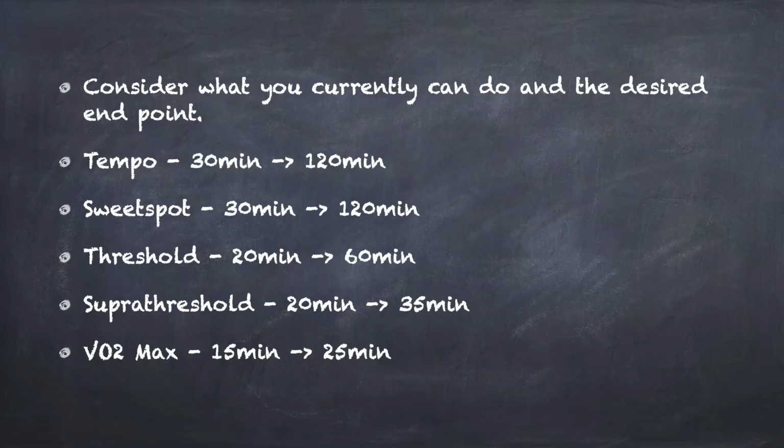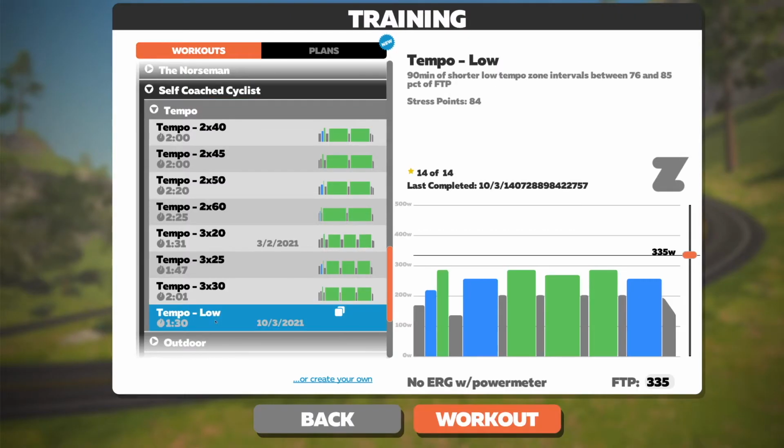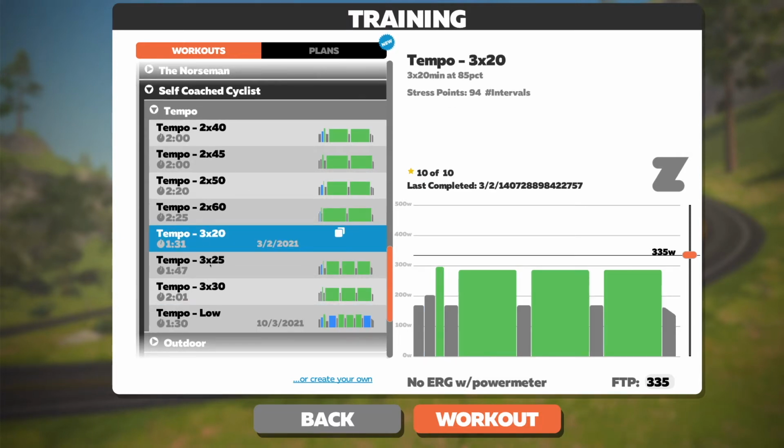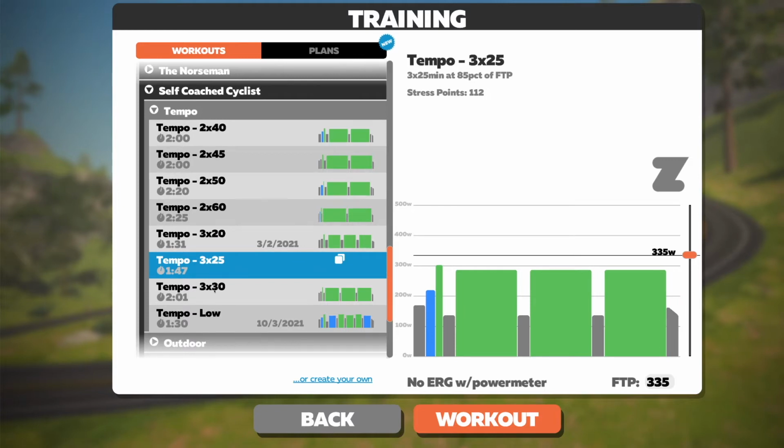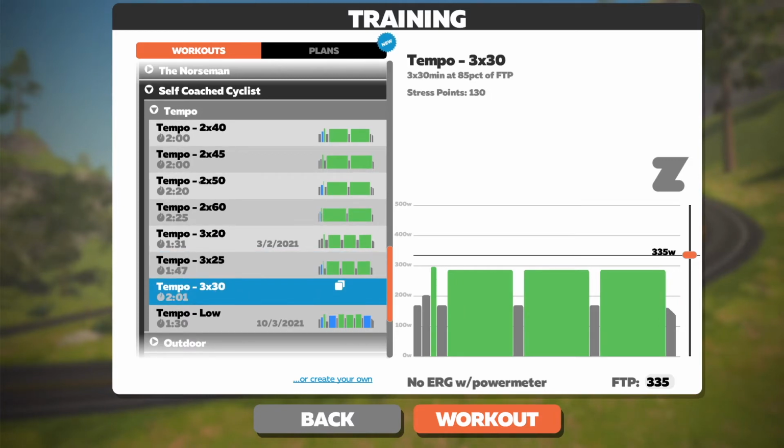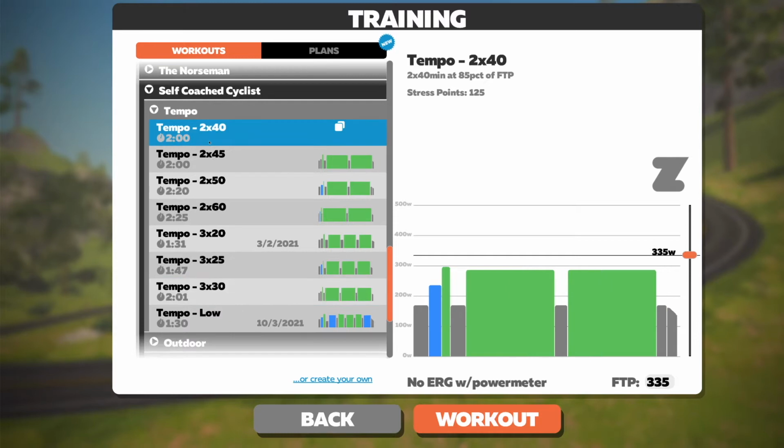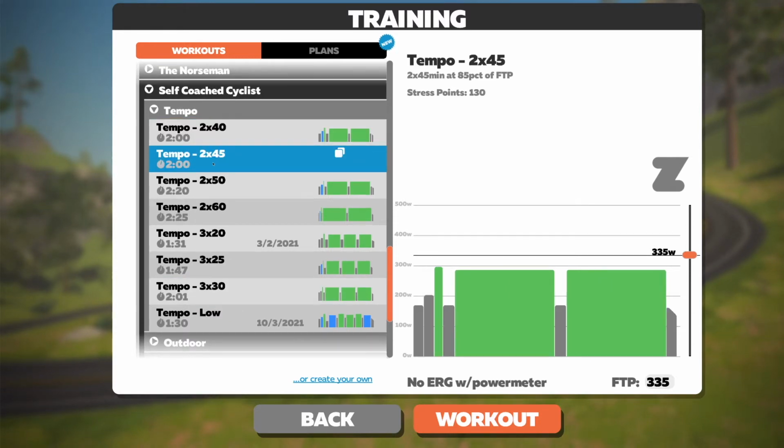And then when you move to threshold and higher intensity work, the amount of time in zone per workout is going to decrease. So most threshold advice I saw was anywhere between 20 and 60 minutes. Super threshold work, so that'd be a little bit above threshold but not quite in VO2 max territory, is 20 to 35 minutes. For VO2 max, anywhere between 15 and 25 minutes.